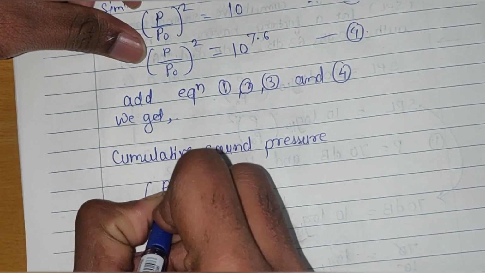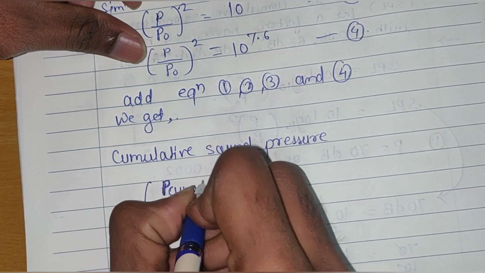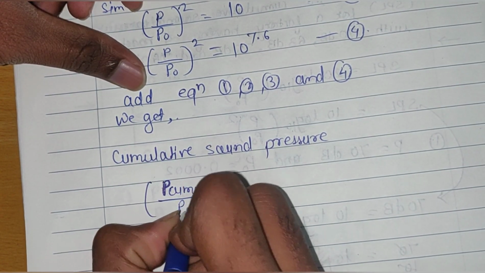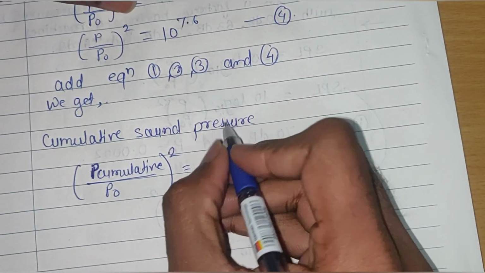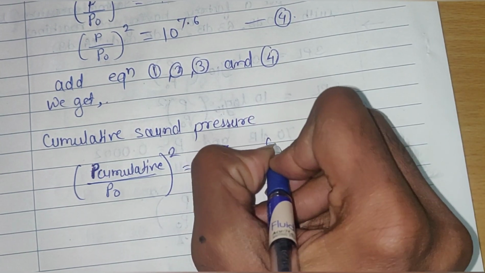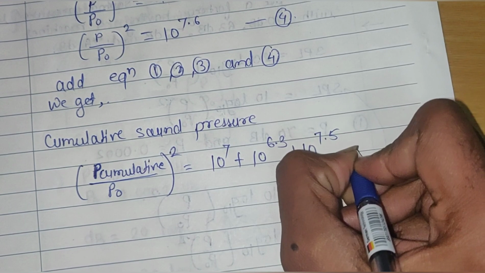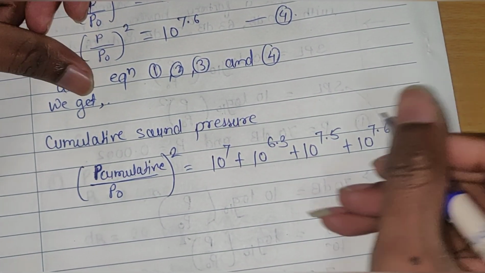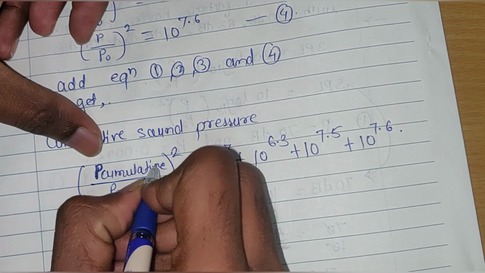P cumulative upon P naught whole square is equal to 10 raised to the power 7 plus 10 raised to the power 6.3 plus 10 raised to the power 7.5 plus 10 raised to the power 7.6. This is the value of P cumulative upon P naught whole square.